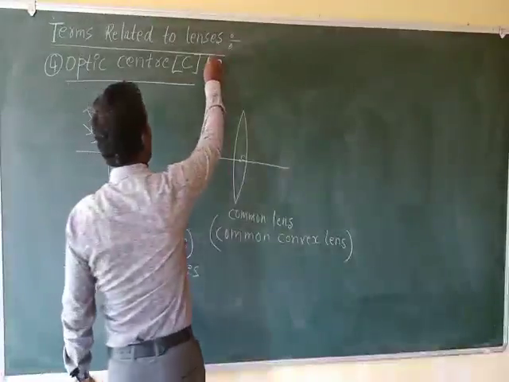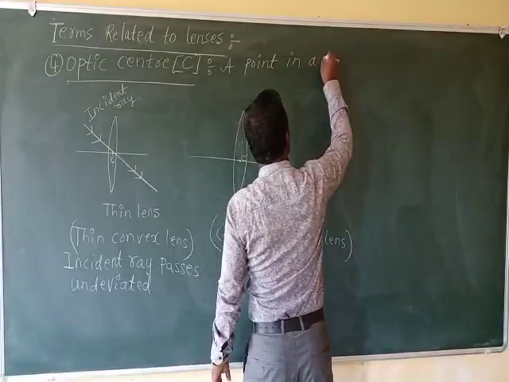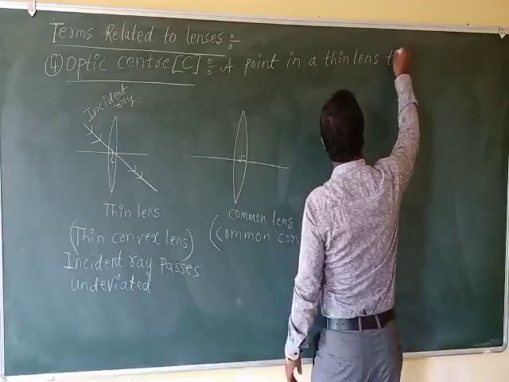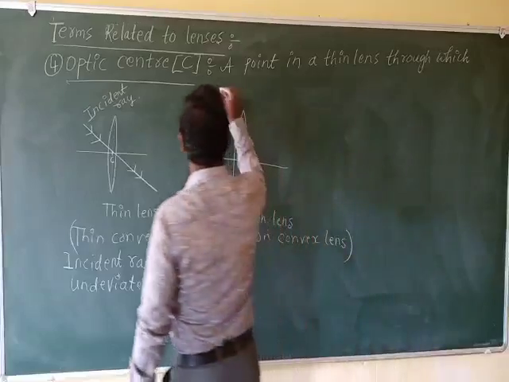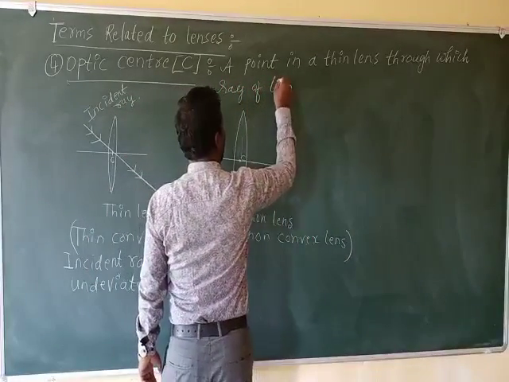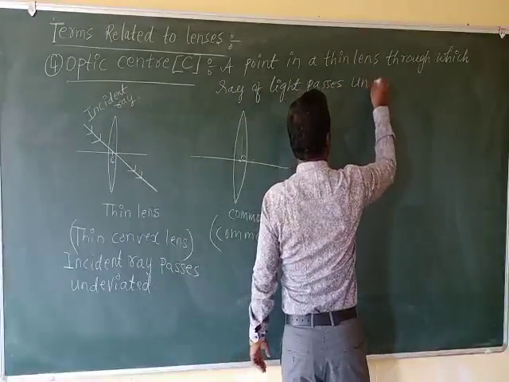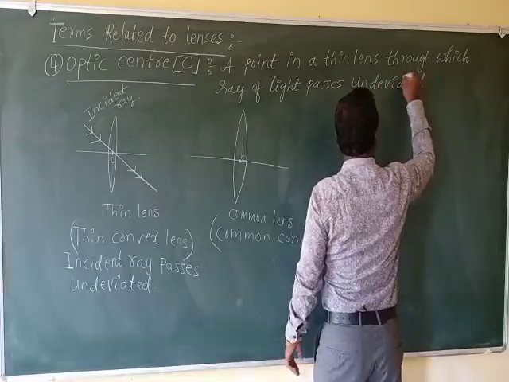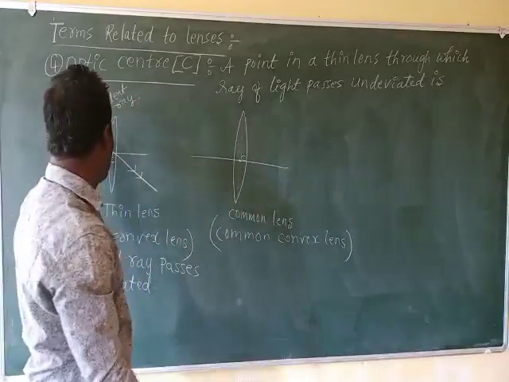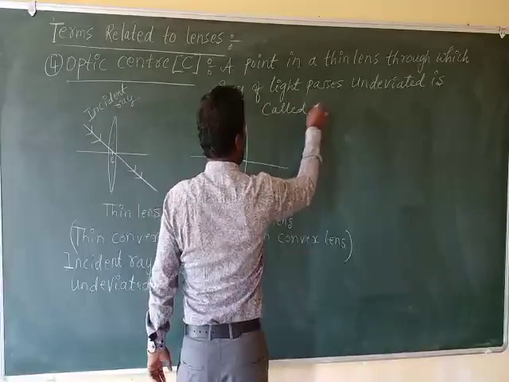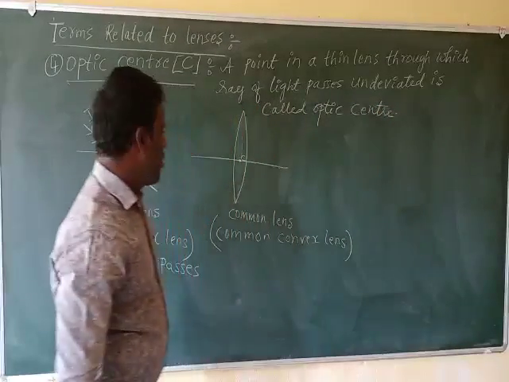See, a point in a thin lens through which a ray of light passes undeviated is called the optic center. That is what we should call it: optic center.